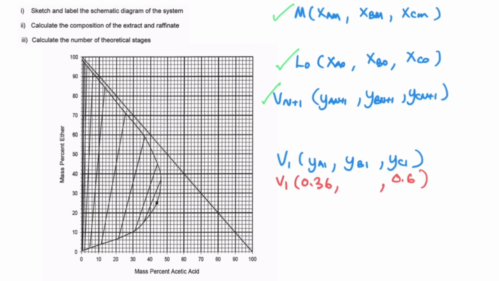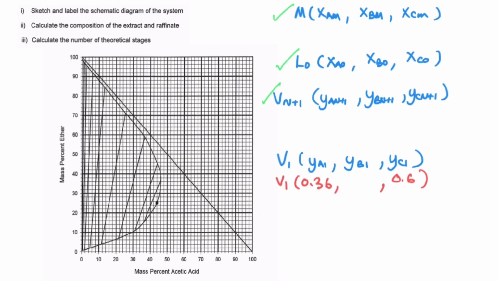Since the graph gives you the value of solute and solvent, you can also get the value of your solvent, which is at 0.6, or 60%. From here you can calculate the composition of B, or diluent, for each of these streams by taking 1 minus the two compositions that you have.